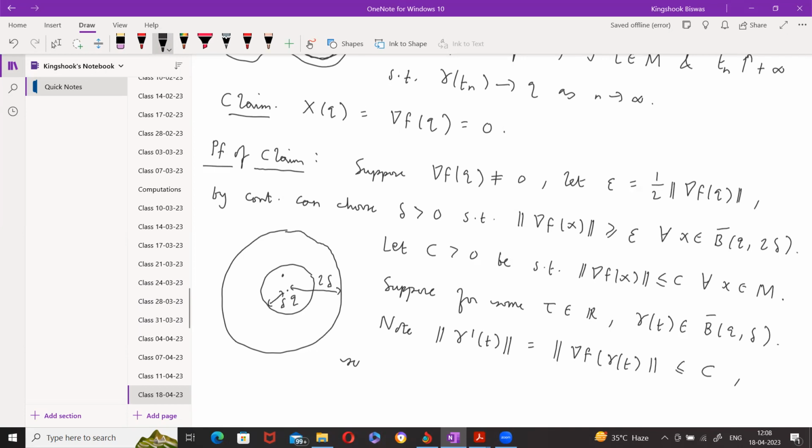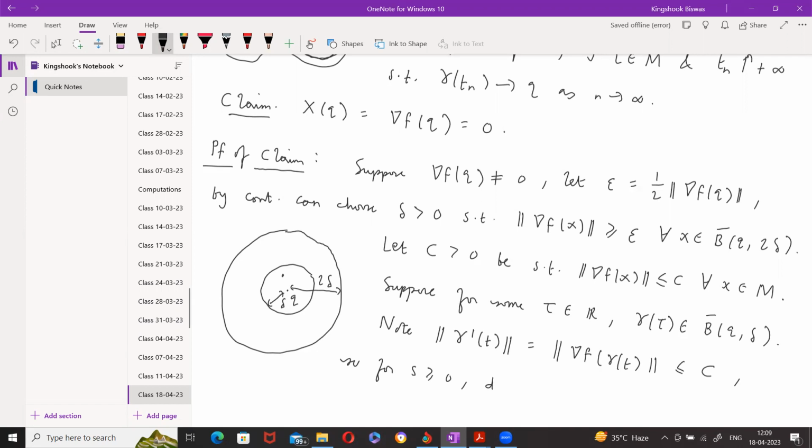For s greater than or equal to 0, sorry, this should be tau here.